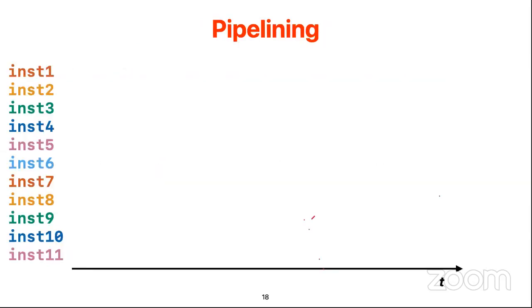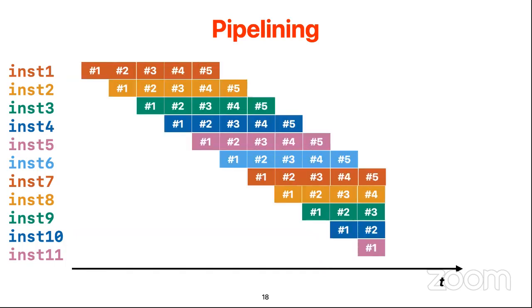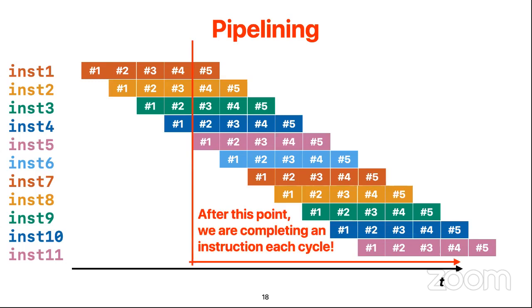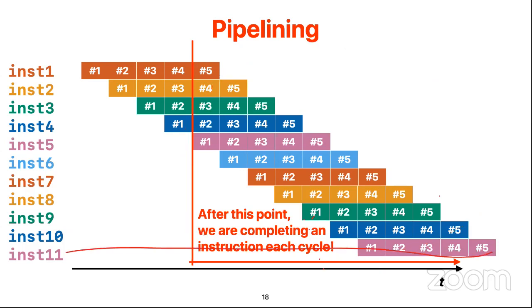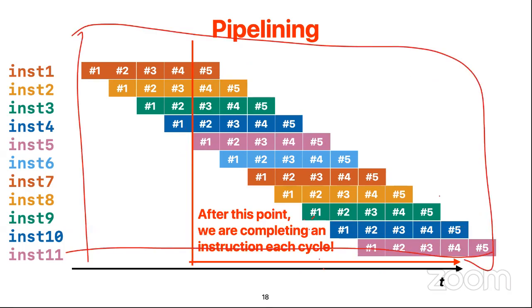So look at the pipeline processor design. For throughput, we are looking at how much time it takes for us to finish the whole thing. In a pipeline processor, it takes more cycles. It would take a total of 15 cycles to finish these 11 instructions.